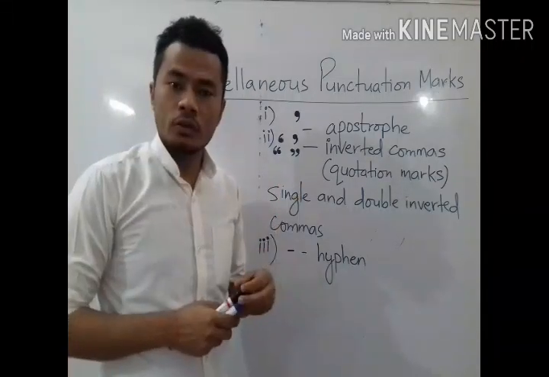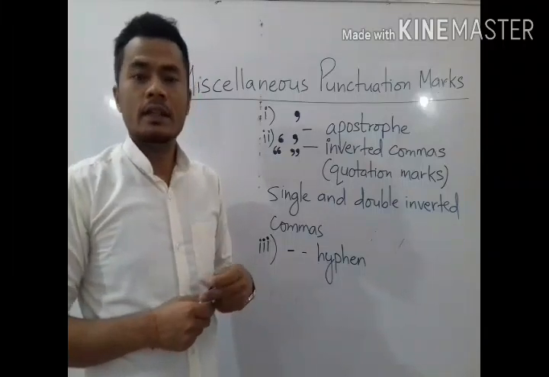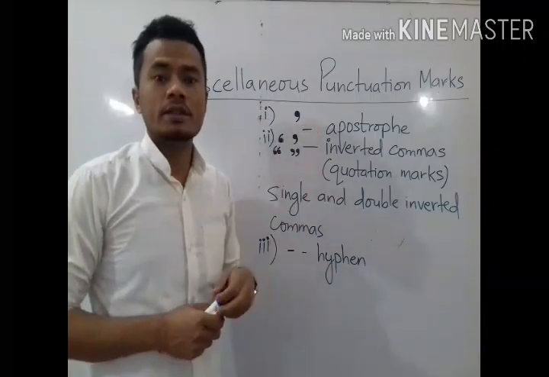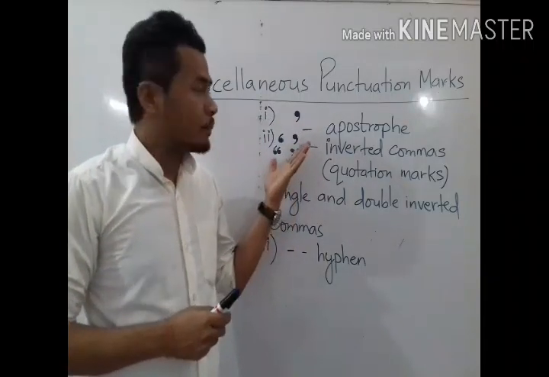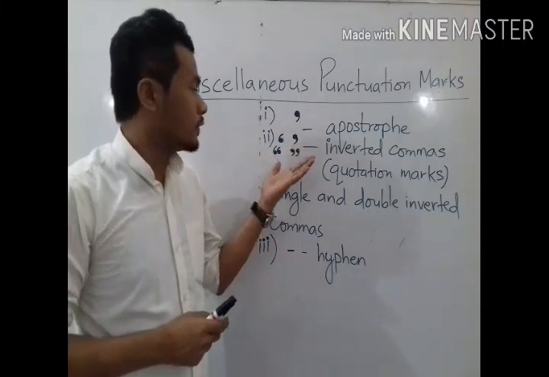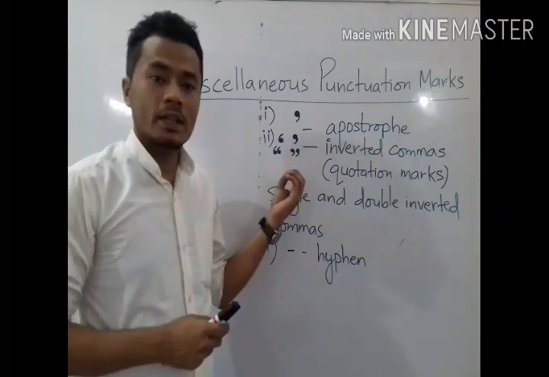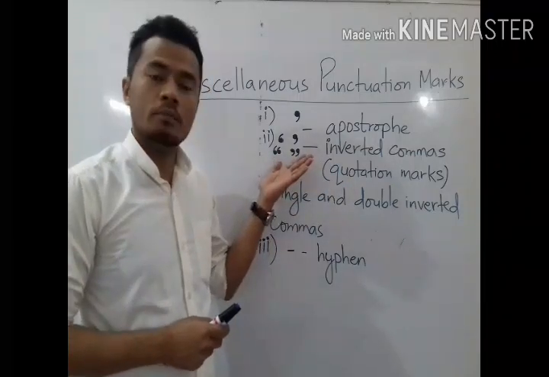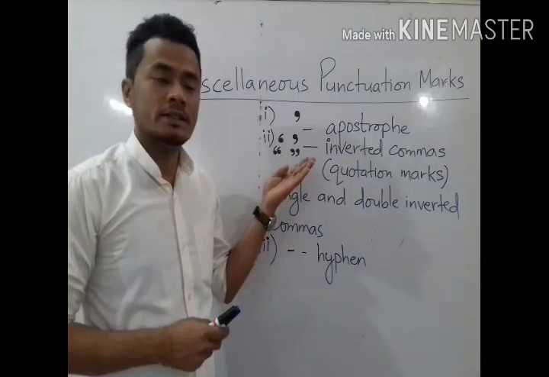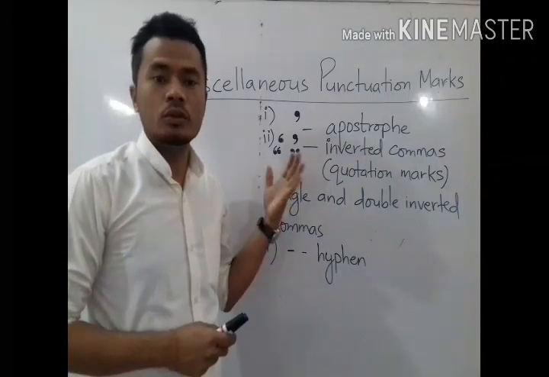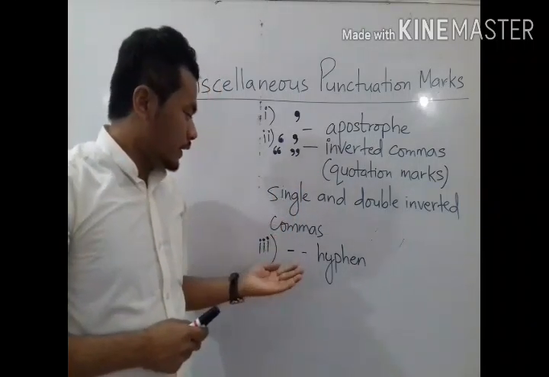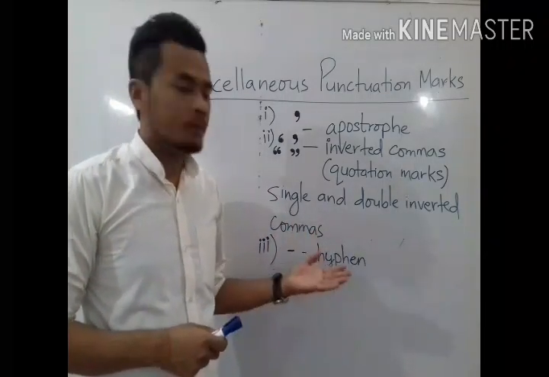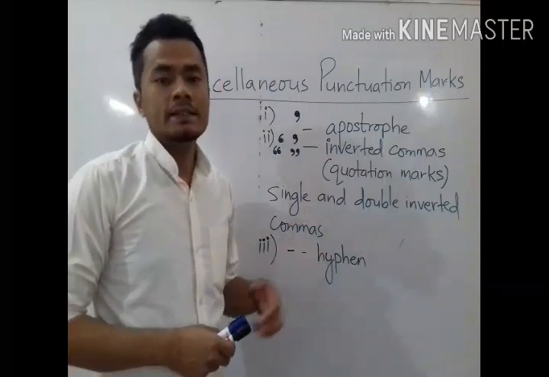And in today's video, we are going to understand the uses of miscellaneous punctuation marks: number 1, apostrophe; number 2, inverted commas, which we also call quotation marks, both single inverted commas and double inverted commas, how to use both of them; and number 3, how to use and what are the conditions of using hyphen in sentences.